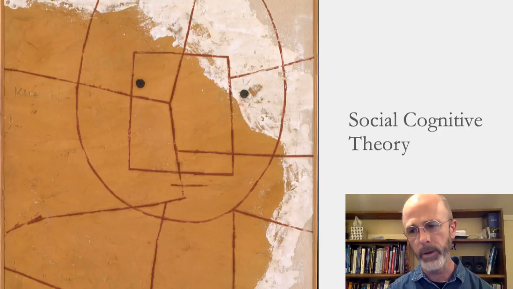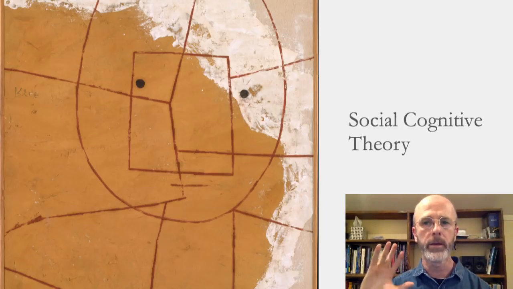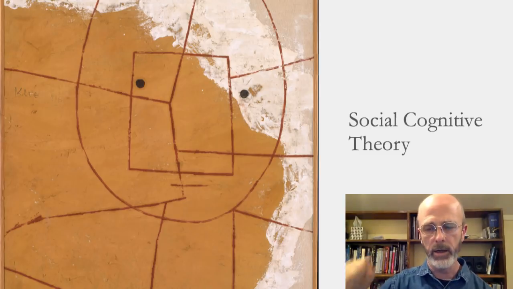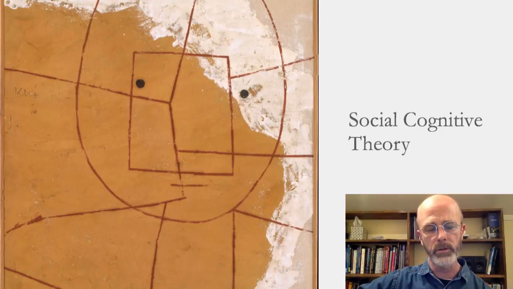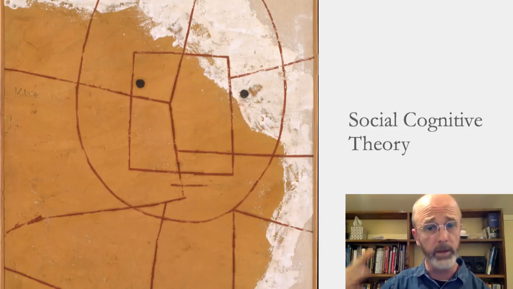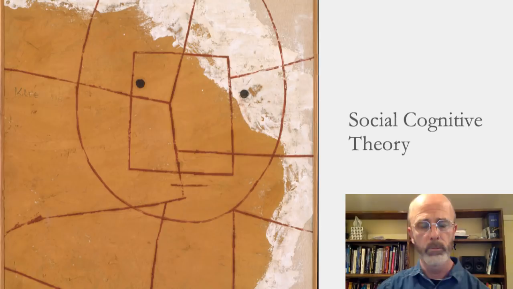But Alfred Bandura said no, people have agency. People guide their own development. They consciously set goals for themselves, and they plan how they're going to achieve those goals, and they believe that they can achieve them, and this guides their motivated behavior.